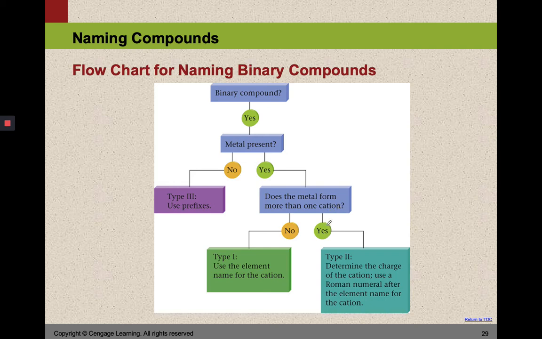If yes, then you use the rules in naming type 2 binary compounds, where you have to use Roman numerals to specify the charge. If the metal does not form more than one cation, then you just use the element name for that cation. And if there's no metal present and it is a binary compound, it's mostly nonmetals, so we go to the rules in naming type 3 binary compounds, which use prefixes.